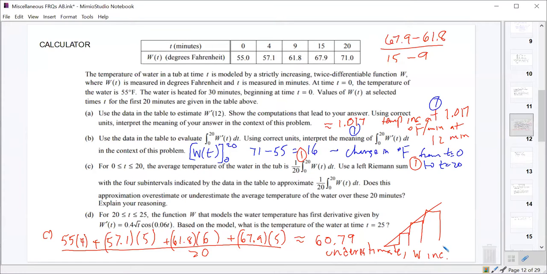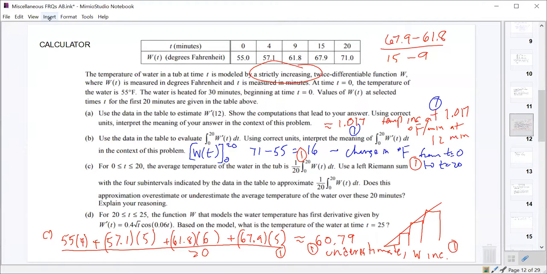It tells us up here it's a strictly increasing function, which tells us the left Riemann sum will underestimate. Everybody good with part C? And that was worth 3 points, 1 for the correct setup with the Riemann sum, 1 for the value, and 1 for underestimate because it's increasing.